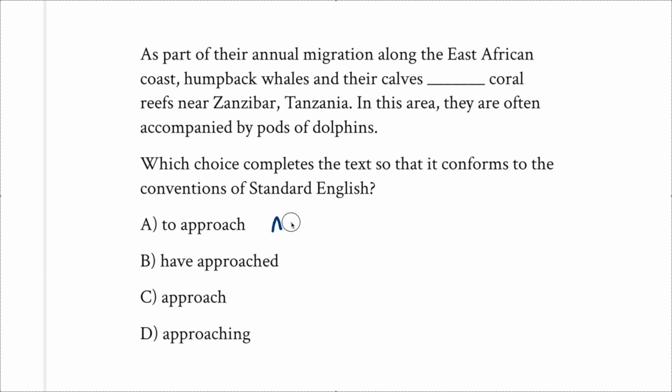We've got the infinitive and the participle, so 2 that are non-finite. That contains a finite verb, that's a finite verb. And so one distinction that would need to be made on this question is, do we want a finite verb or not? Turns out that we do, because this sentence here otherwise would lack a finite verb. And so we've got to choose one of those 2.